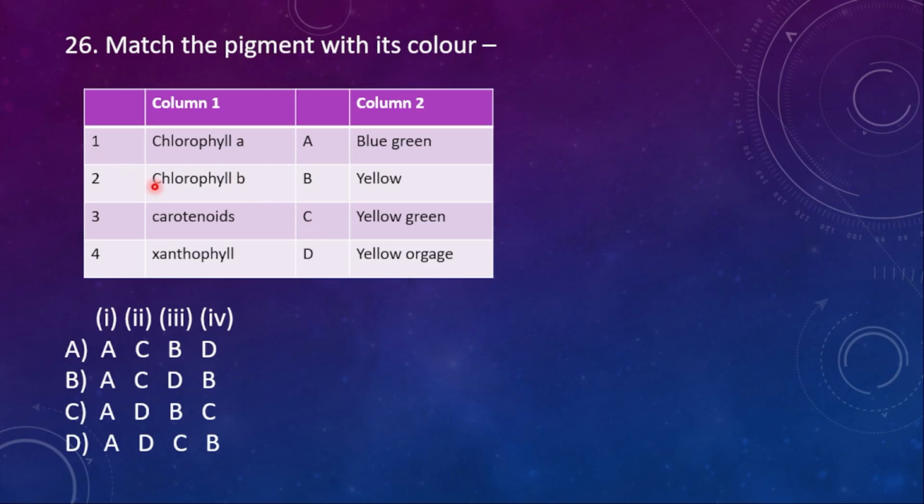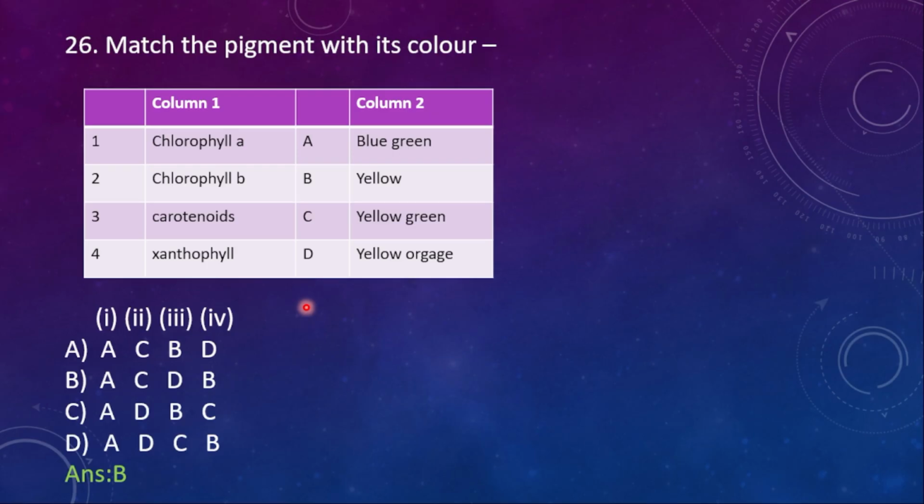So 1 is for A and then 2 is for C. So the right option is B. 1 is for A, 2 is for C, 3 carotenoid is for D, and xanthophyll is for B, yellow. So here the right option is B.